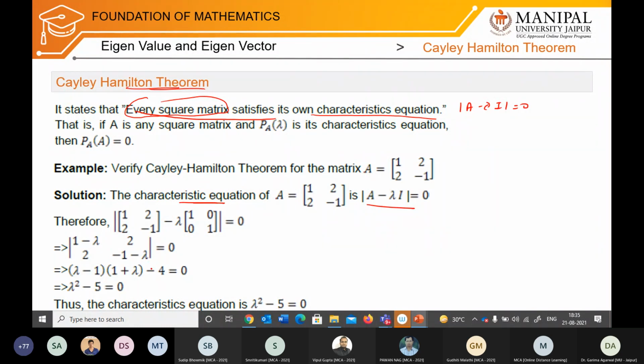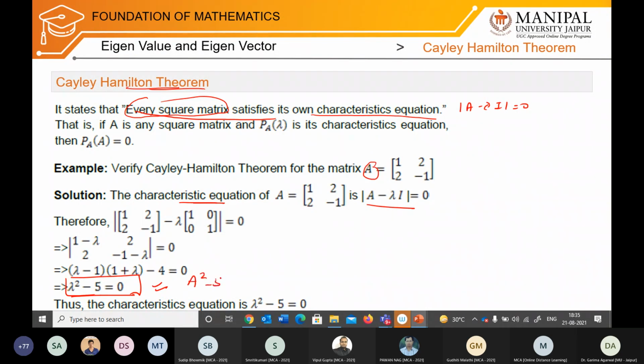Then we can write it in the determinant form, and after simplification of this determinant, we get this quadratic equation in lambda, right? This is the characteristic equation. Now Cayley-Hamilton theorem says every square matrix satisfies its own characteristic equation. That means this matrix A satisfies this characteristic equation.